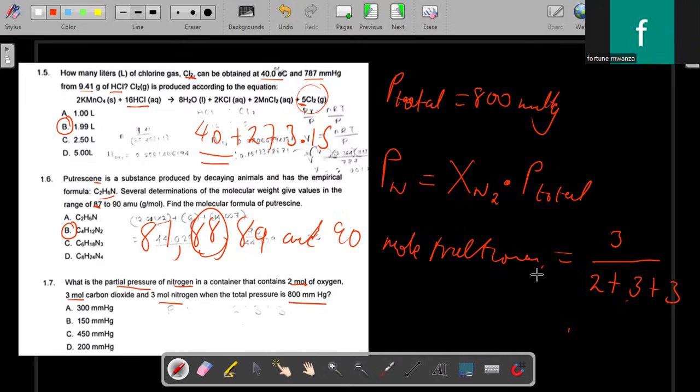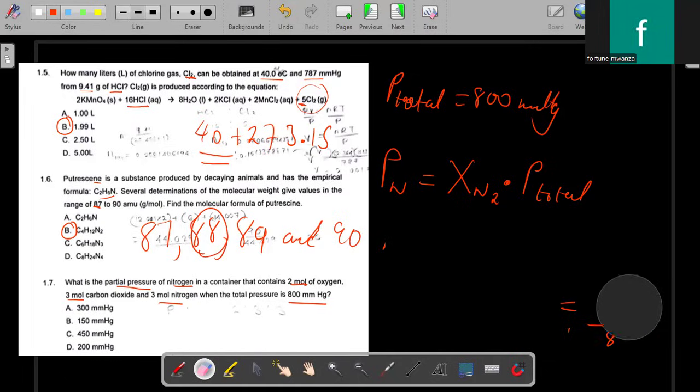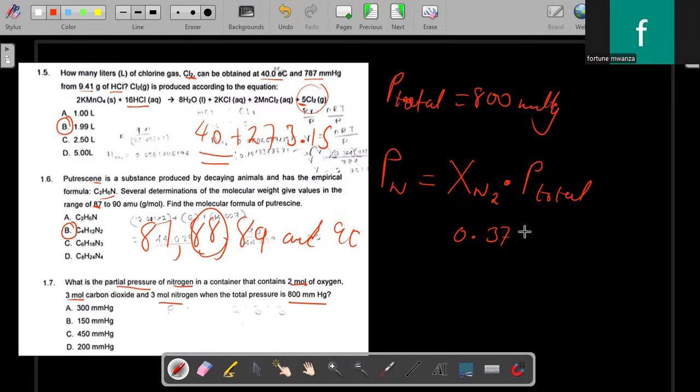So the mole fraction for nitrogen is 3 divided by 2 plus 3 plus 3, which is 8. When I divide 3 by 8, I get a mole fraction of 0.375.